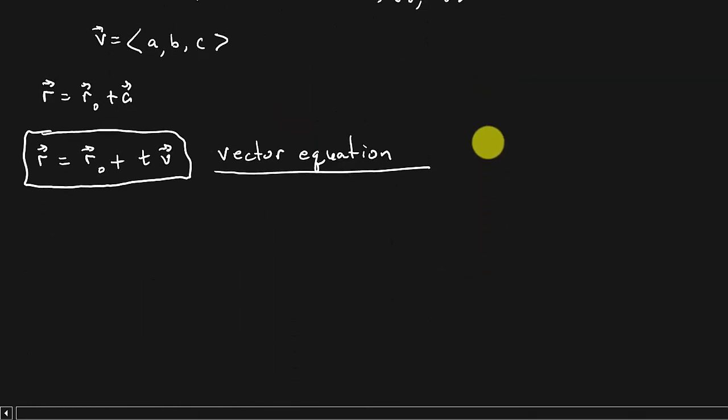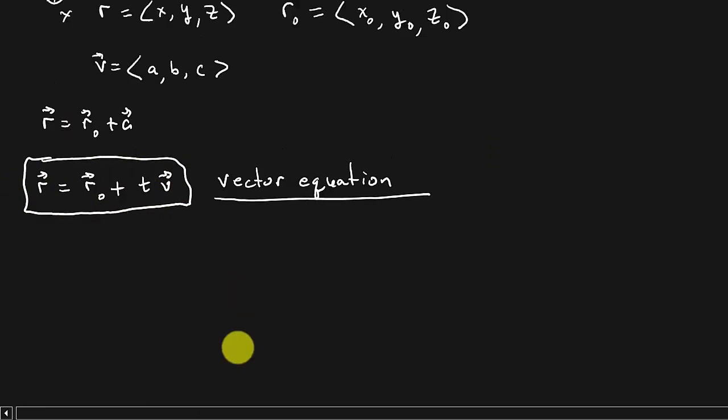All right, so let's look at another equation for that line. So that's the vector equation. So what about parametric equations? Okay, what if we want to look at the parametric equations of a line? Well, let's just look at this right here. We've got vector r, which is what?